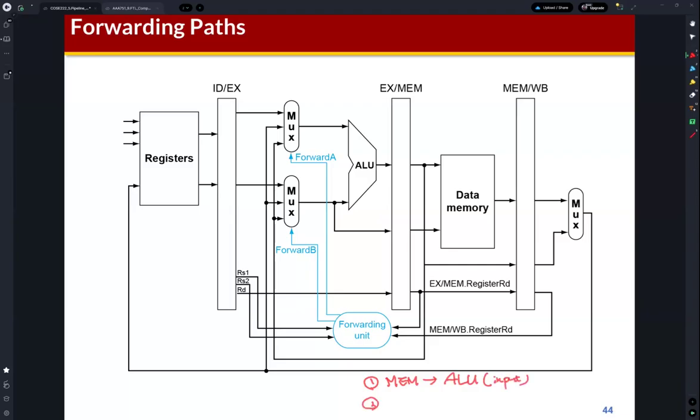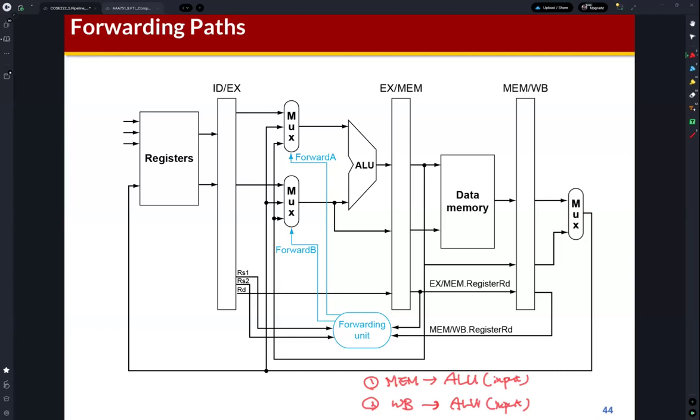Then the second forwarding is the write back stage to ALU, also the input of the ALU. So we need to add this data forwarding path in the pipelined CPU, right?